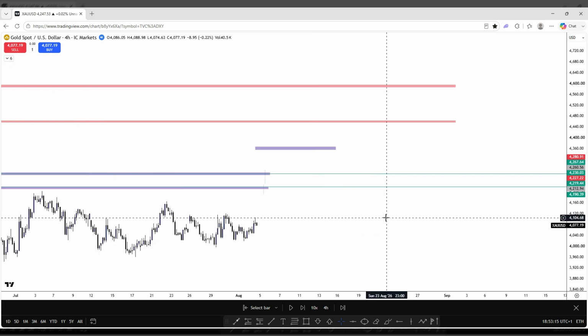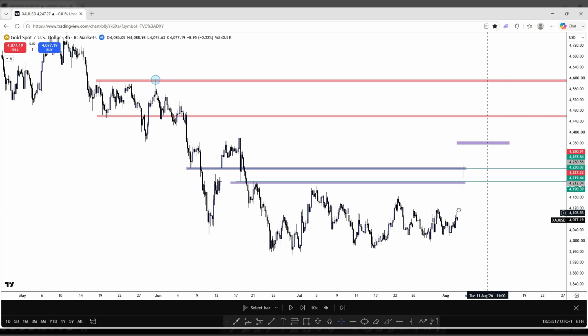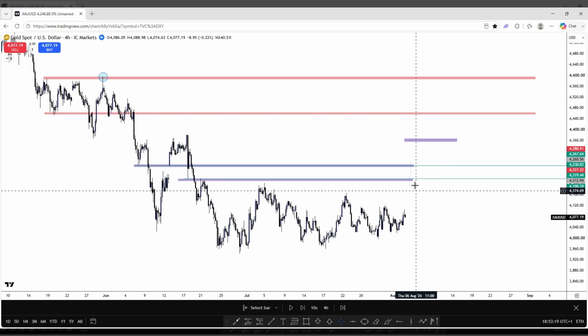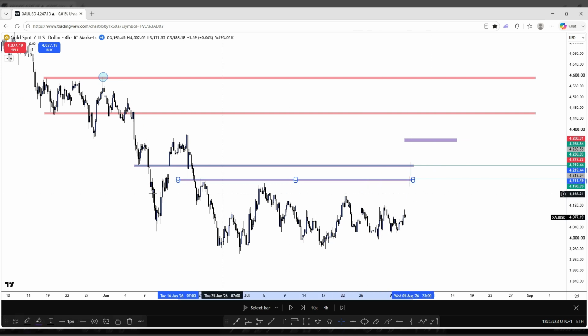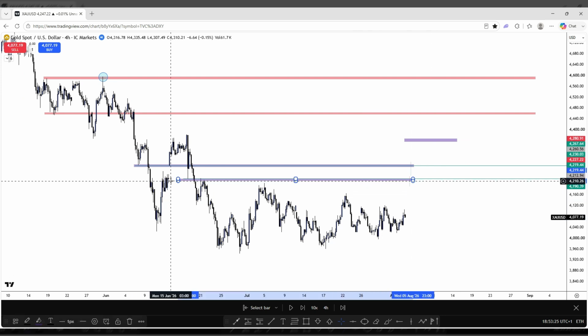So when it comes to take profit and stop loss, what are you going to do? You set your limit order, and this zone here went from, call it, 4210 up to 4220.